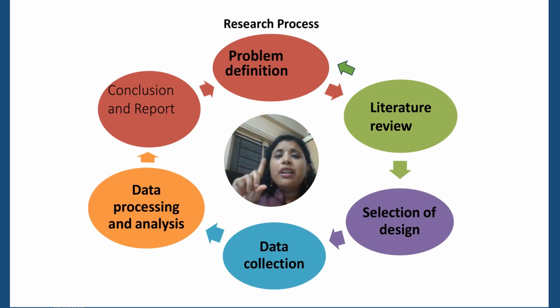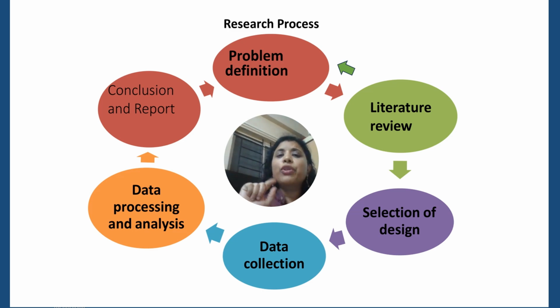If you see here, the first step is the problem definition. Problem definition is how we arrive at a significant area where we can research. And to come up with a definition, with a statement, you need to do a proper literature review.